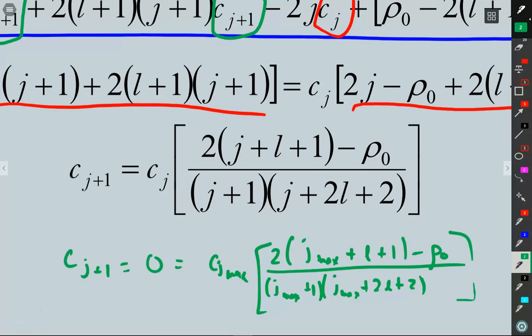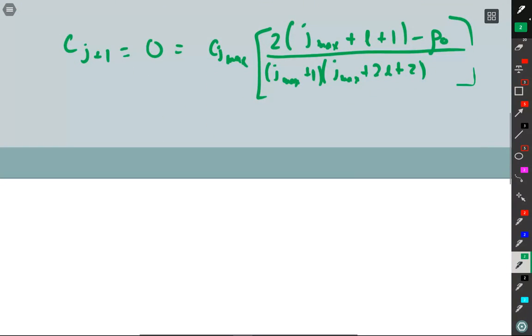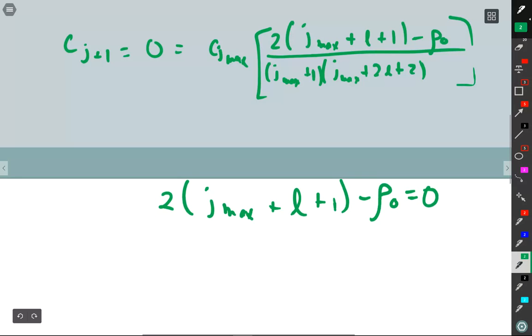So if that's equal to 0, the numerator has to be 0. And so that's going to require 2 times j max plus L plus 1 minus rho 0 equals 0.